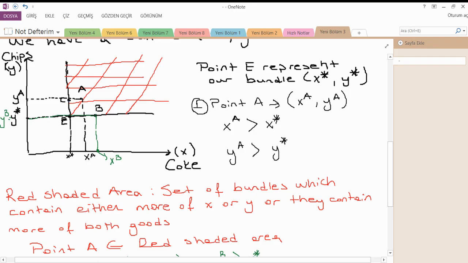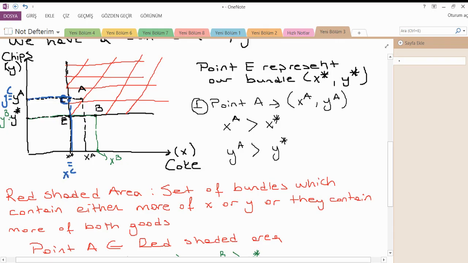Point C is here. The corresponding point on the y-axis is here. Let's say it YC, and the corresponding point on the x-axis is equal to our X star.